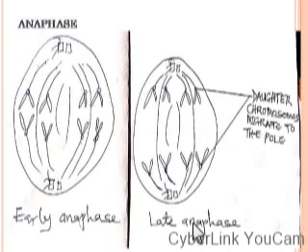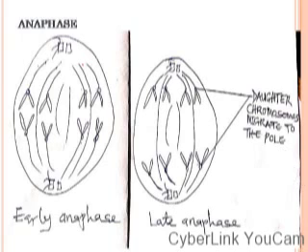Let us look at the thing that has happened at the late anaphase. At the late anaphase, the daughter chromosomes migrate to the poles and eventually reach their destination. They move toward the ends of the cell and eventually reach the ends of the cell.